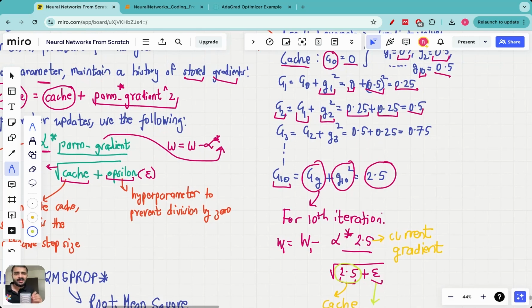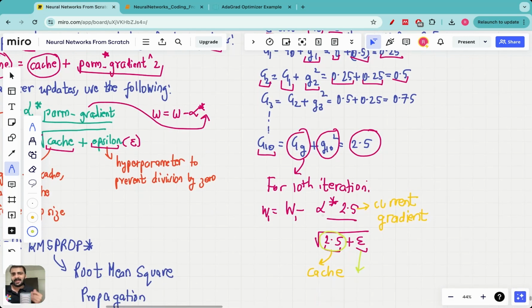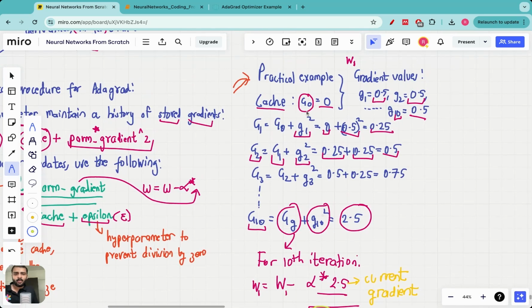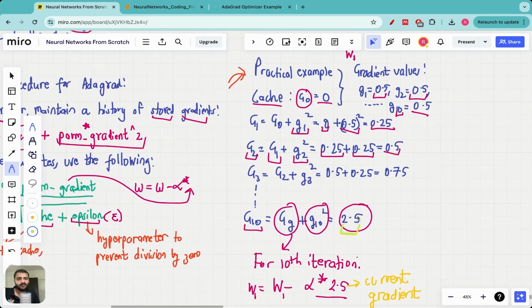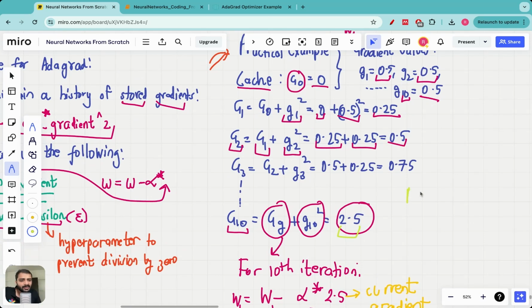I also want to highlight one disadvantage of the ADAGRAD method because of which it did not become too popular. See, we are doing 10 iterations here, right? And the cache value has already reached 2.5. If we did 100 iterations, you will see that the cache value actually reaches a value of 25.